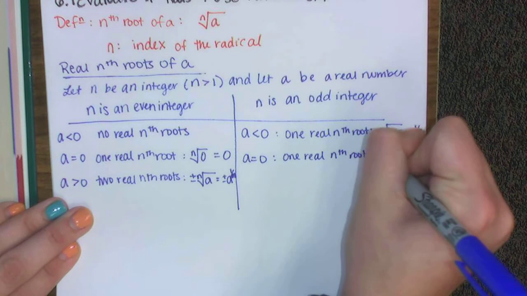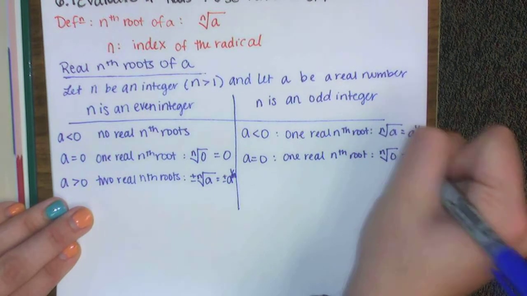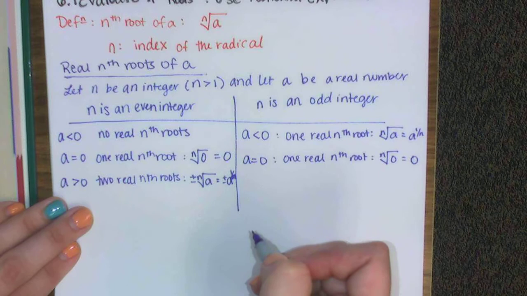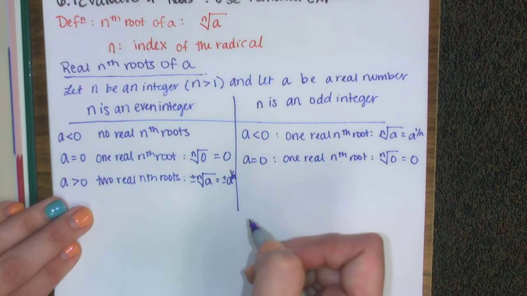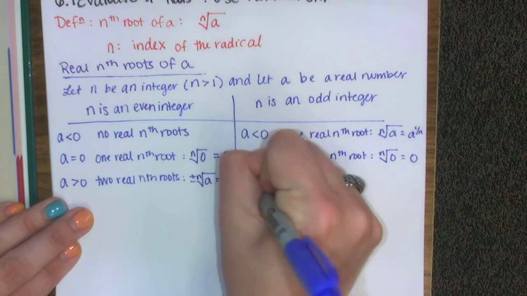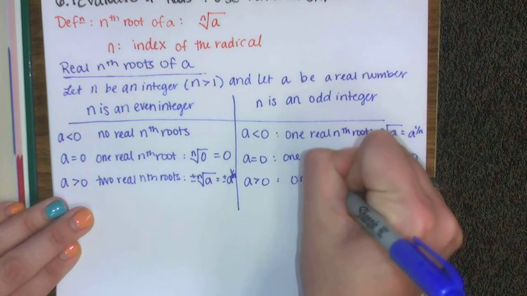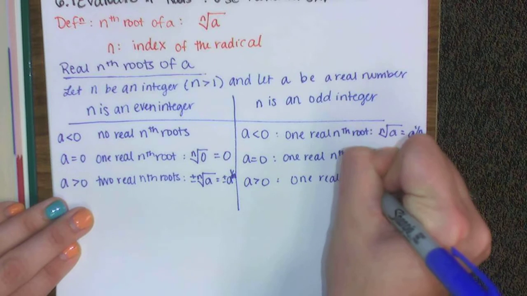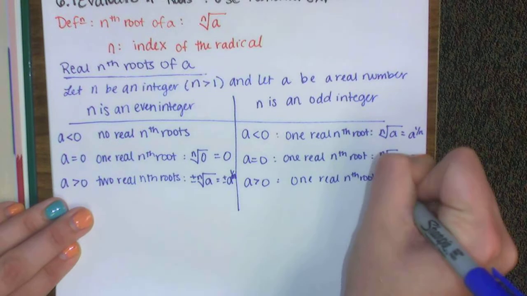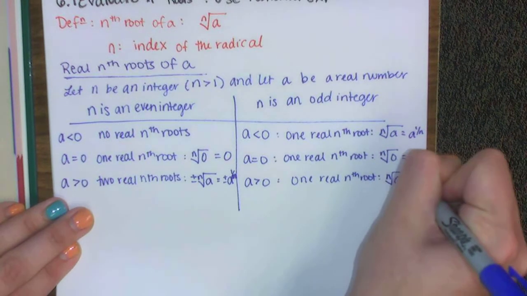That would be the nth root of 0 is still just 0, so notice those are the same for the even and the odd. And if A is greater than 0, we have one real nth root. Again, that's the nth root of A is equal to A to the 1 over n.